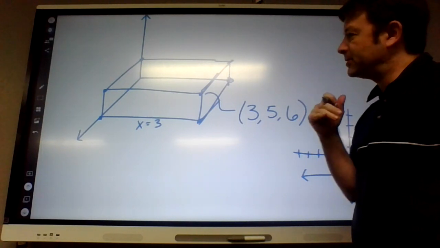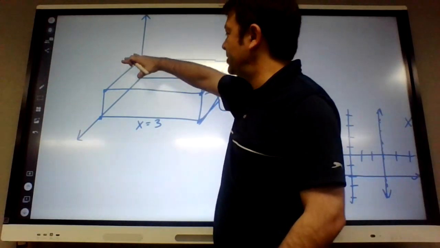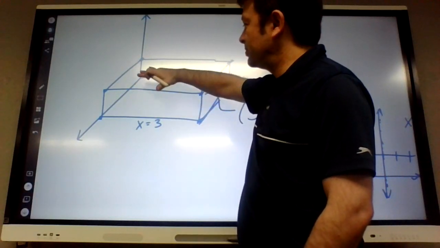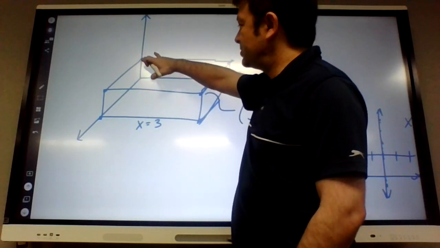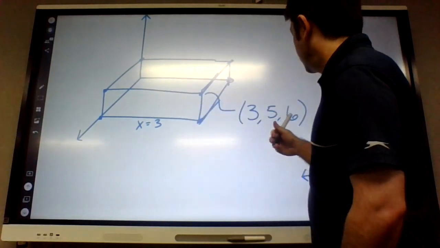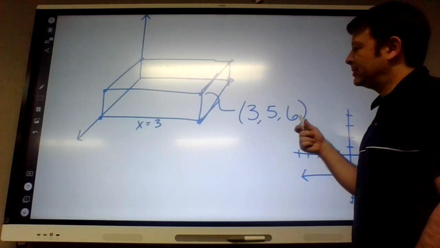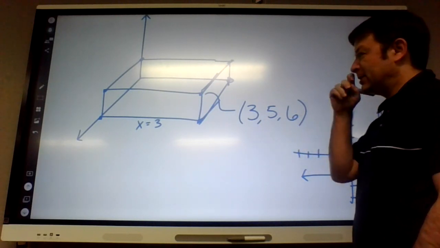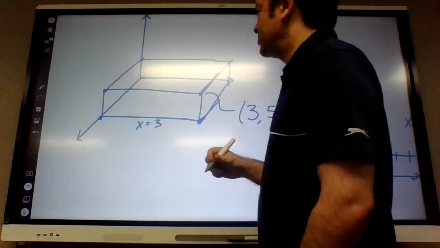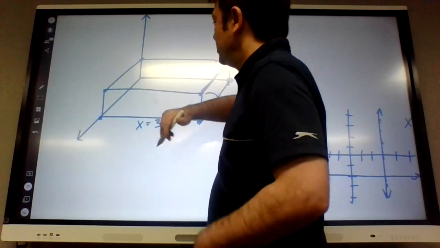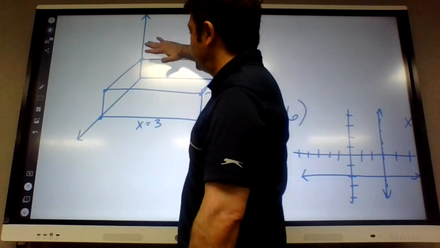How about the top plane up here? It's kind of horizontal, and it's cutting through the z-axis at 6. So it would just be called z equals 6. And technically planes go forever, right?